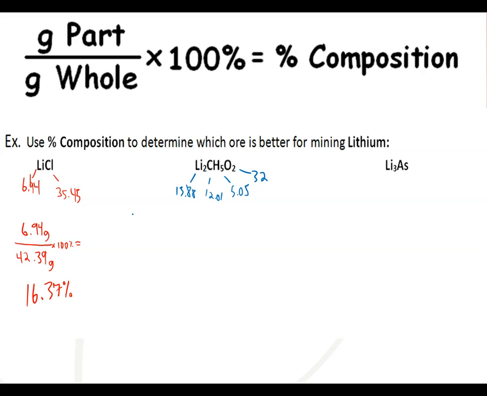And in which case we find that the total mass of this compound is 62.94 grams. Out of that, only 13.88 grams is lithium. I'm going to times that by 100%, and I will get my answer. So 13.88 divided by my whole of 62.94 times 100% gives me 22.5%.